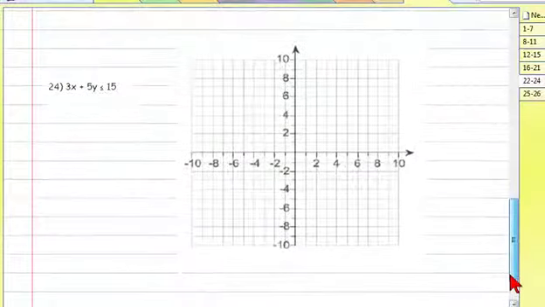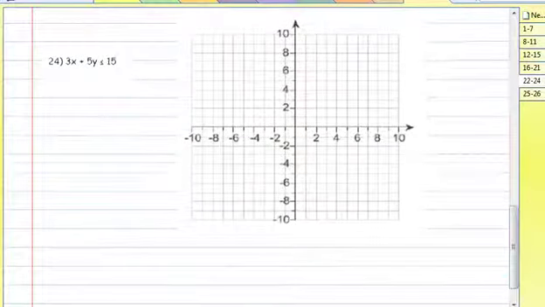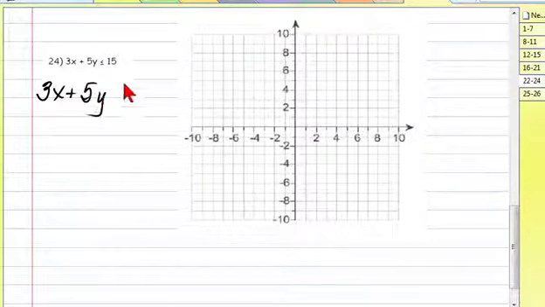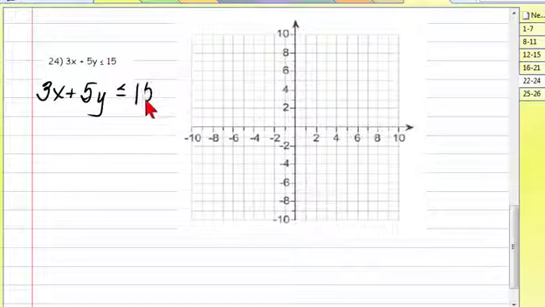Okay, one more. The inequality is 3x plus 5y is less than or equal to 15. Okay, I'm not prepared to graph it just yet. What would I need to solve it for? Y. So I'm going to subtract 3x.